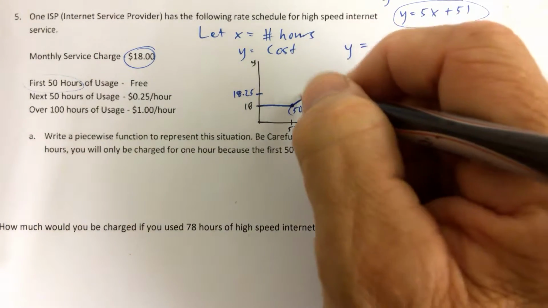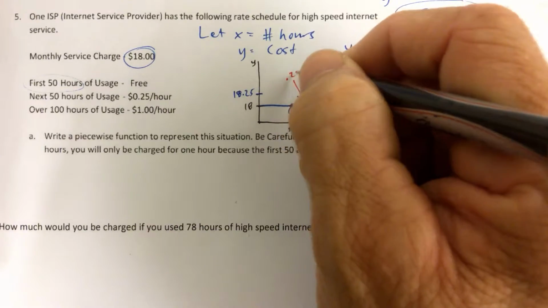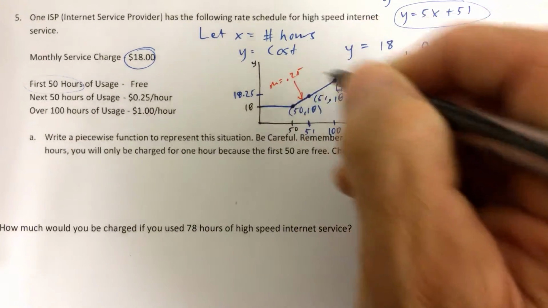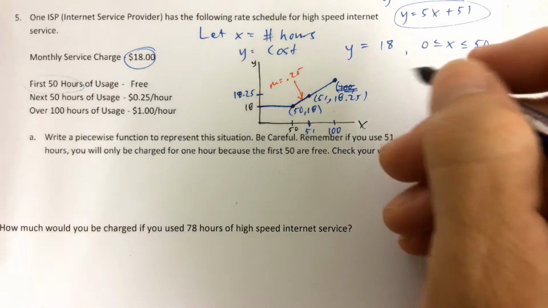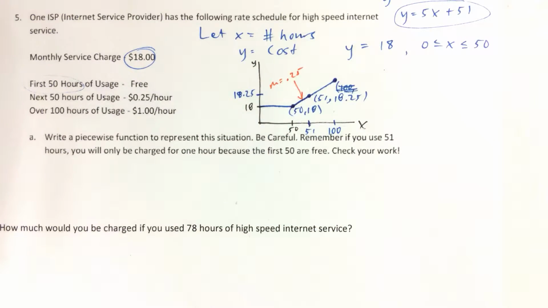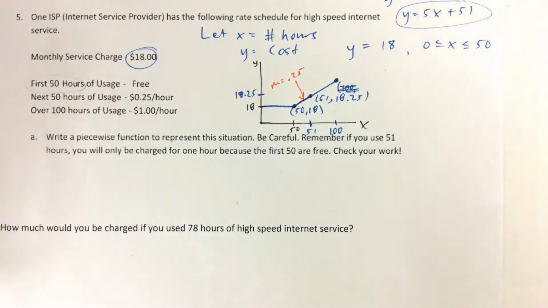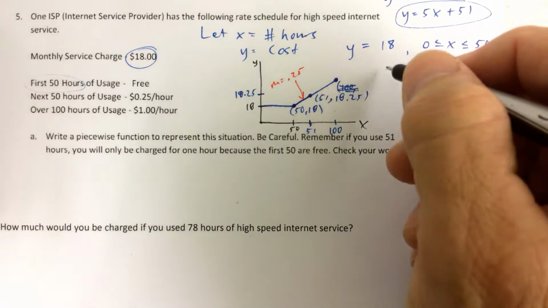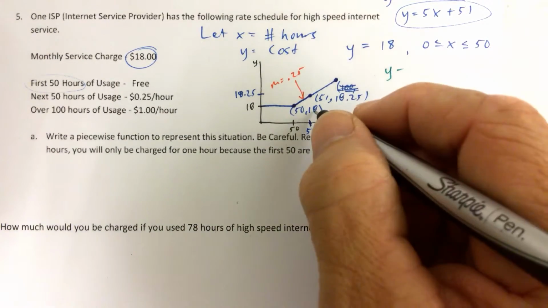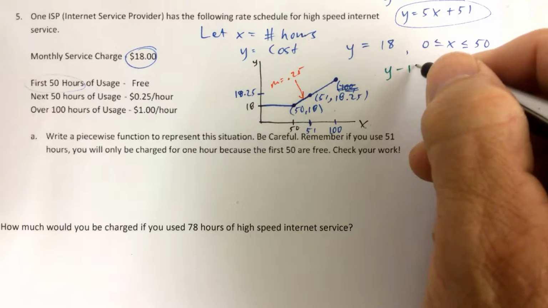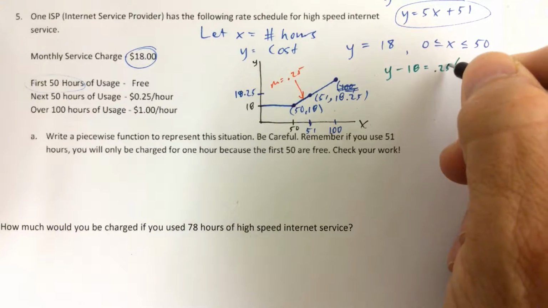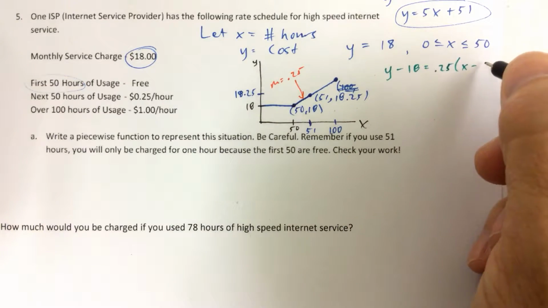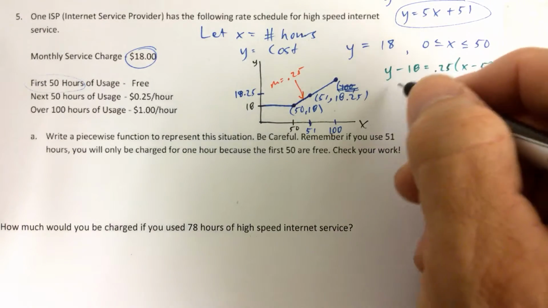So that being said, we're going to go ahead and use the 50 and the 18 for our x1, y1. We already know our slope is 0.25, 25 cents per hour. If we put that into our y minus y1 equation, y1 is our 18, the rate of change is 25 cents, and then we have x minus x1, which is 50.